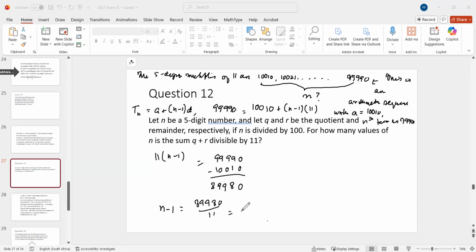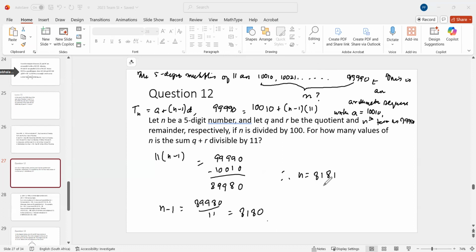And you can quickly check this to see that's 8180. That's n minus 1. And therefore n is equal to 8181. And these represent the multiples of 11, which are the 5-digit multiples of 11.